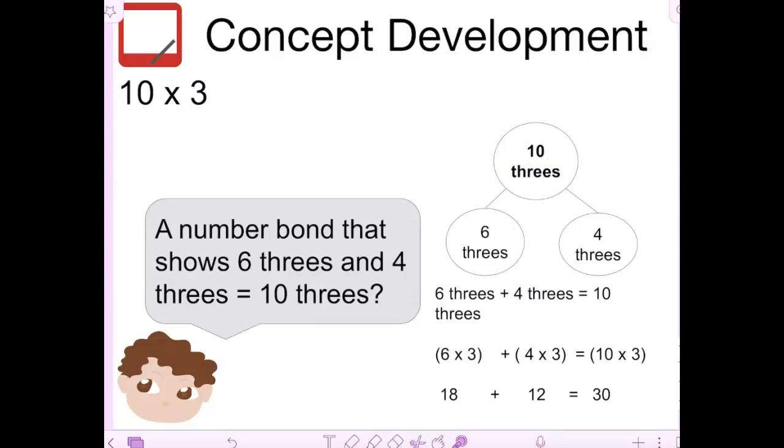And so 6 times 3 plus 4 times 3 should equal our original problem of 10 times 3. And then when we solve these, we get 6 times 3 is 18. 4 times 3 is 12. Add those together and we get 30.